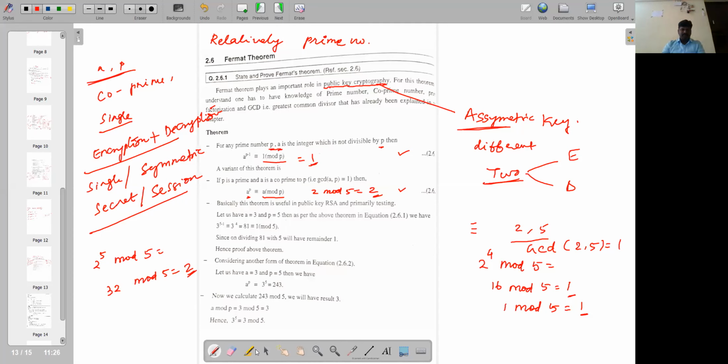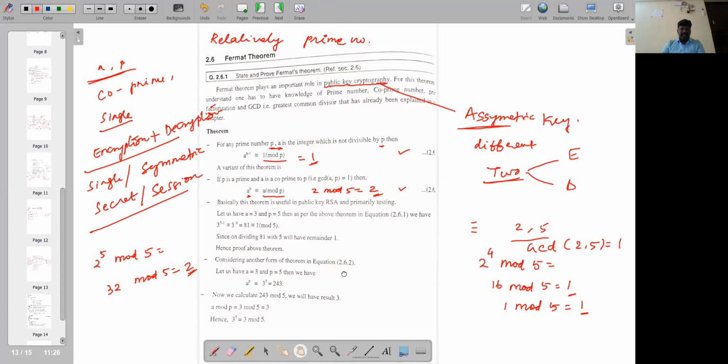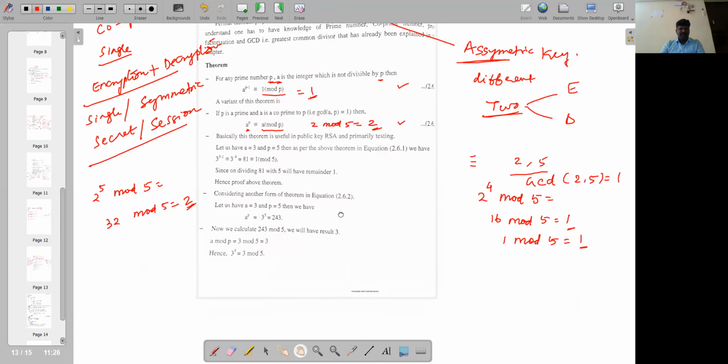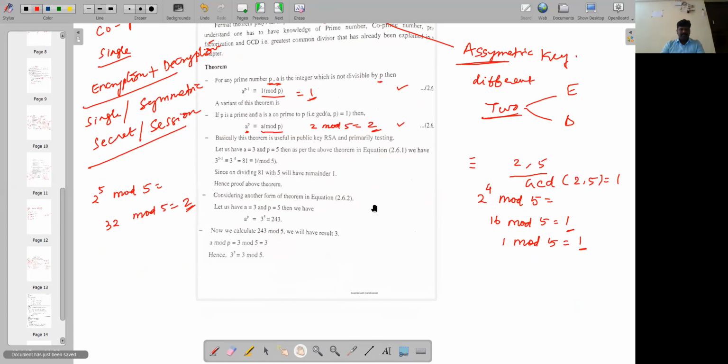Okay, I can elaborate this with a few more examples. So they have explained with another example, where they have considered a equal to 3. So a power p, which is 3 power 5, is 243.